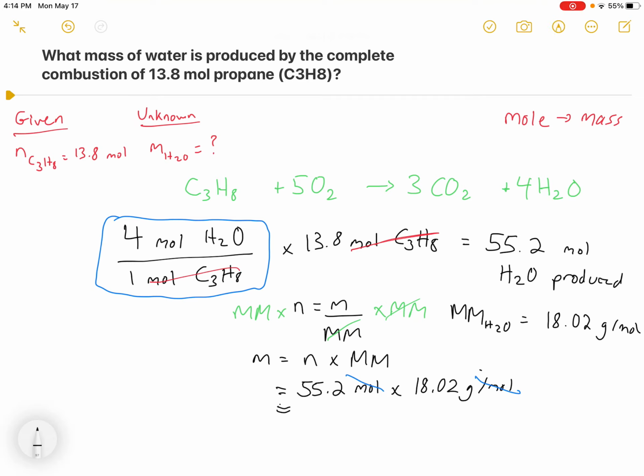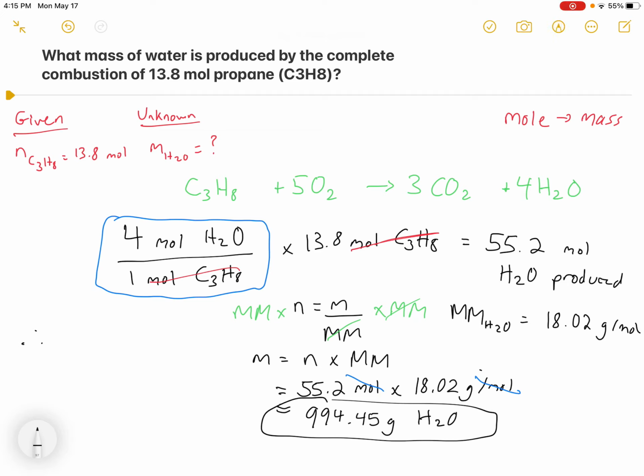So then when you multiply those two things together, you're going to get something equal to roughly 994.45 grams of H2O. And we can finish off with a therefore statement.